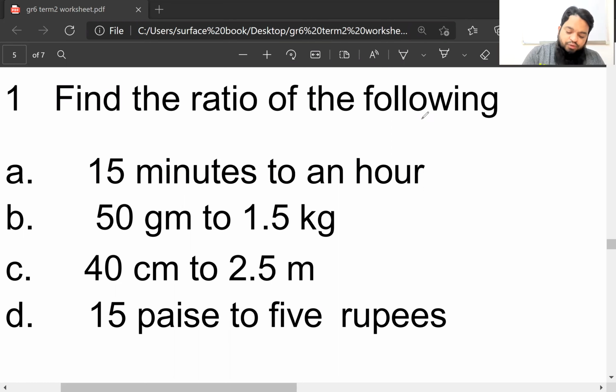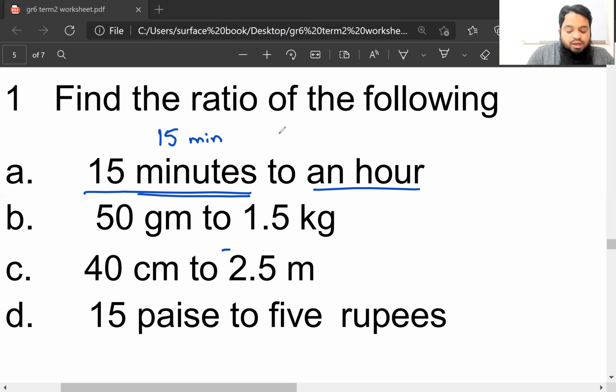Here we are finding the ratio of 15 minutes, the first one, and an hour, the second. So both should be in the same unit. I'll keep it as 15 minutes to an hour. In 1 hour, how many minutes are there? 60 minutes.